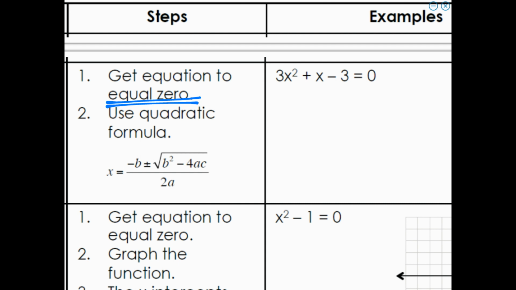So again, in this one, I'm going to list my A, my B, and my C. What's my A? 3. What's my B? 1. And my C? Negative 3. It's already equal to 0, so all I had to do was just figure out what my A, B, and C are. Now I'm going to substitute them in to the quadratic formula.